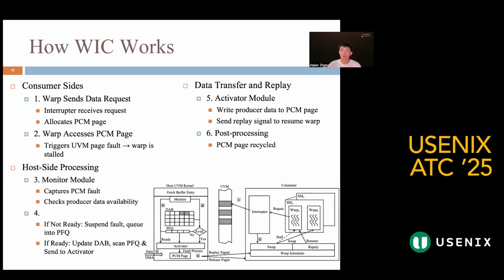Then it redirects the warp to access that page, which triggers a page fault. And that's how we store the warp deliberately, rather than letting it busy-wait or waste GPU cycles.